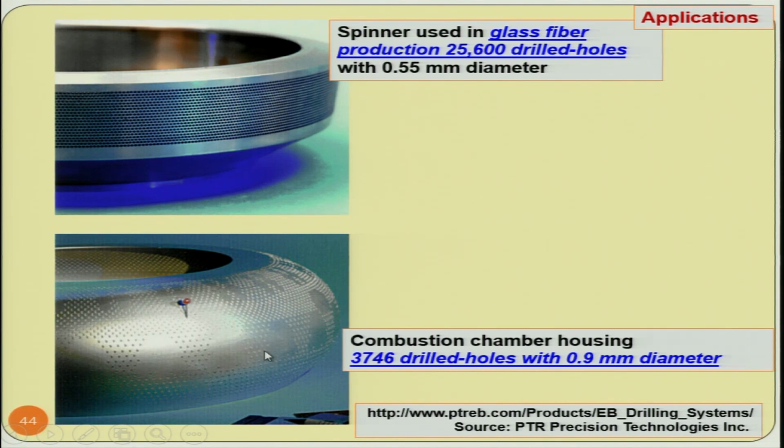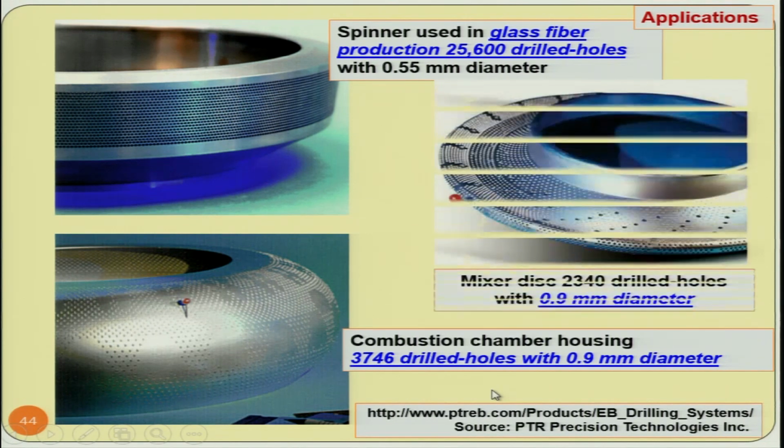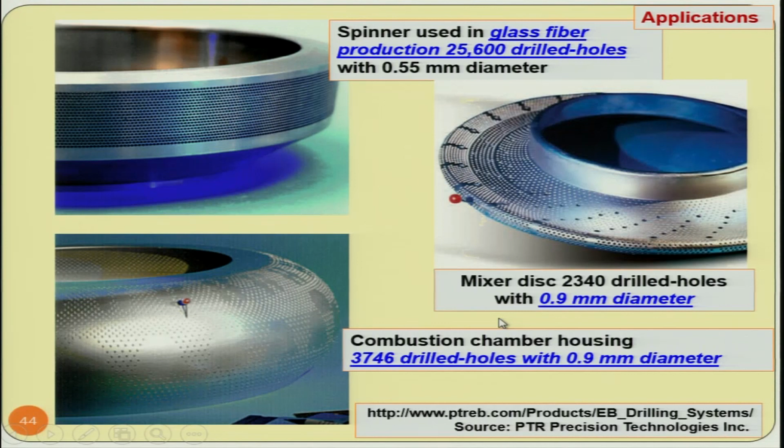You may find they look non-cylindrical because the surfaces are curved here, but if you see other locations you will realize that they are circular holes also. This is the reference from where they have been taken. Now this is the mixer disc with 2,340 drilled holes, 0.9 millimeter in diameter.